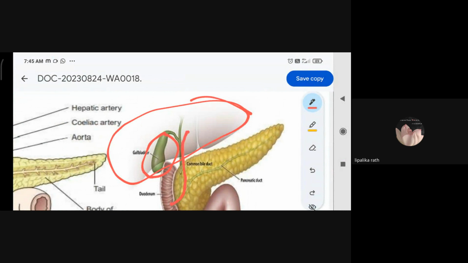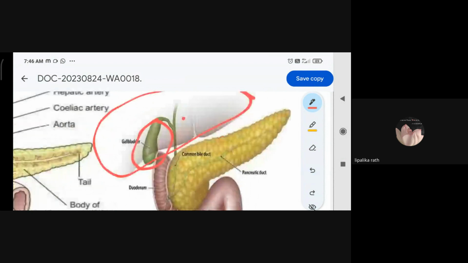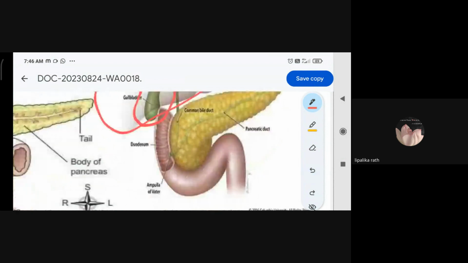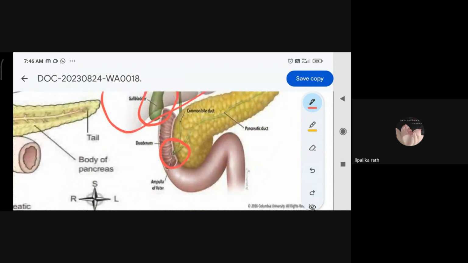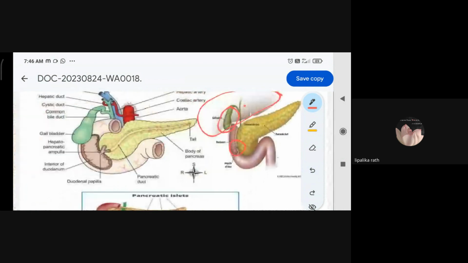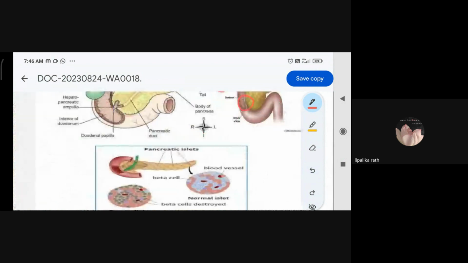You can see in the picture. The gallbladder is releasing the bile juice here in the small intestine. This is the duct, and this is the pancreatic duct. Okay, I hope the picture is clear. Here in the duodenum, these juices are collected and digestion takes place.